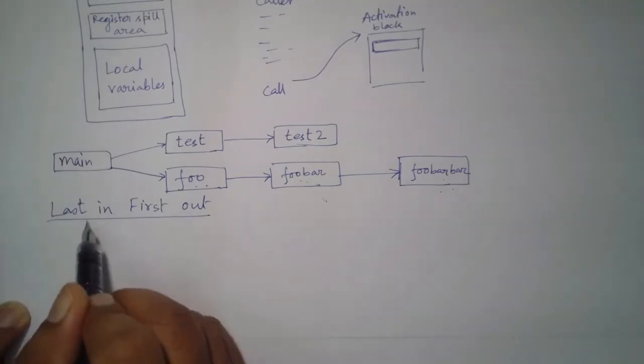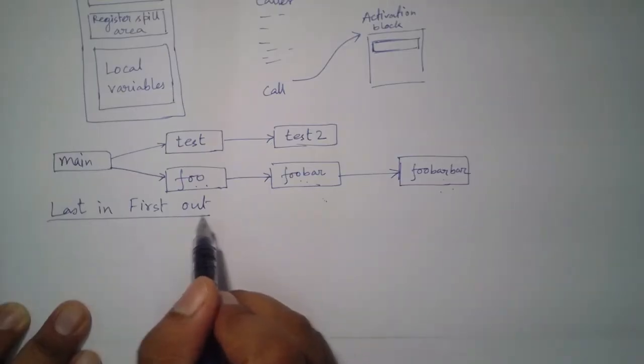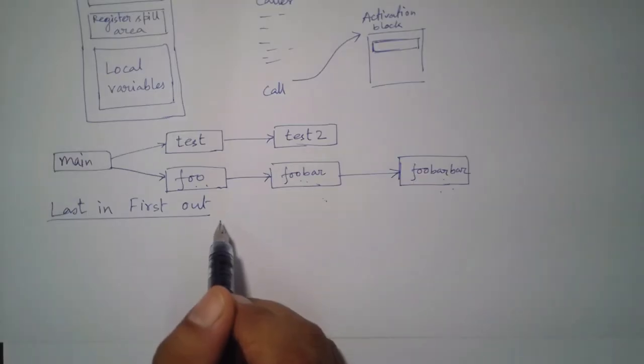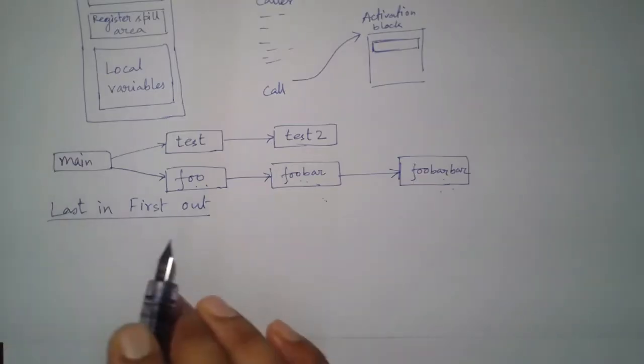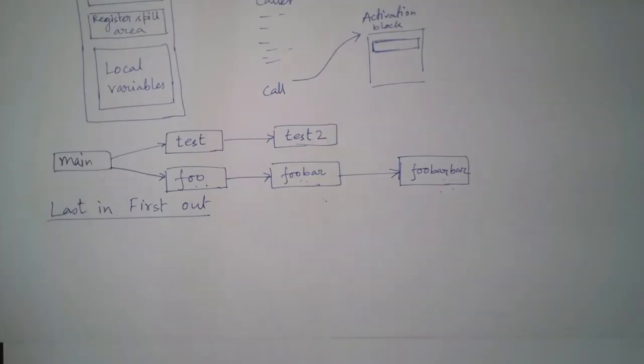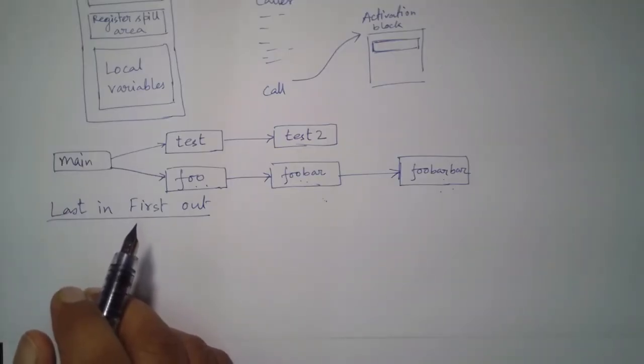So, there you have this last in first out phenomenon, and whenever you have this kind of phenomenon, we know that a stack performs very well, right. Because just like a stack of books, the book which I have put on the top of the stack, I can remove that one first only. I will not be able to remove a book which is much lower in the stack, right.